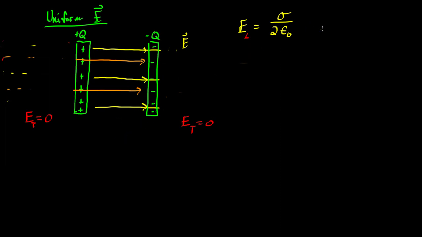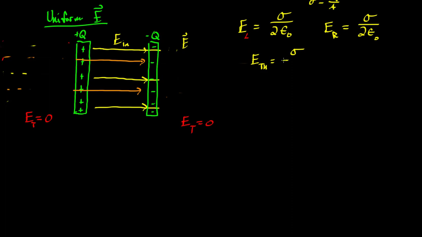So the electric field on the right is also sigma over 2 epsilon naught. And so if we add these, it would just be twice this. So we would get the total electric field inside of here. We'll call that E inside. E inside is equal to, remember that's charge density, and charge density is the charge per area.